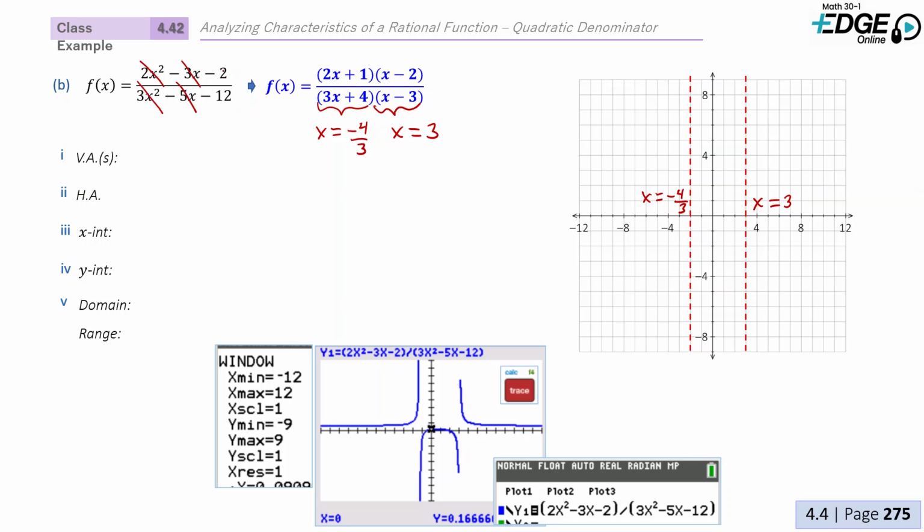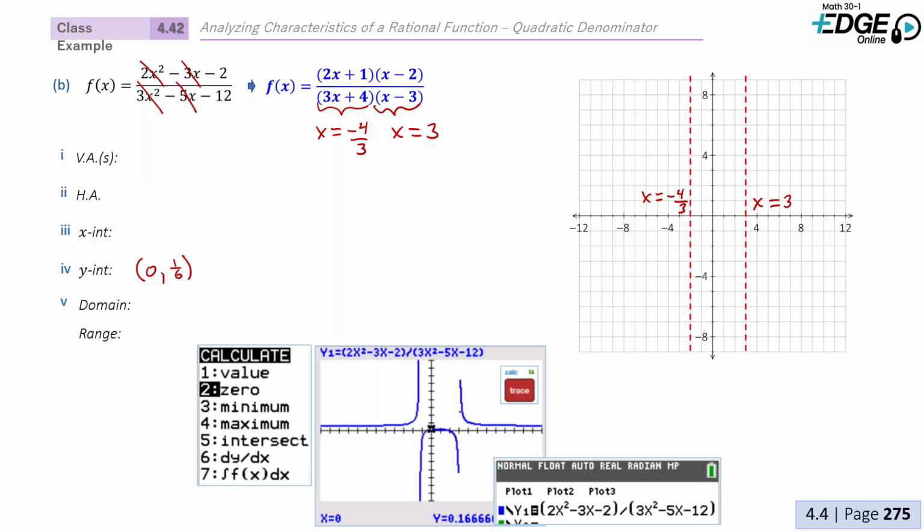And I just end up with negative 2 over negative 12, or 1 over 6. That's even better than the answer we found with the calculator. So we'll have a y-intercept of 0, comma, 1 over 6.